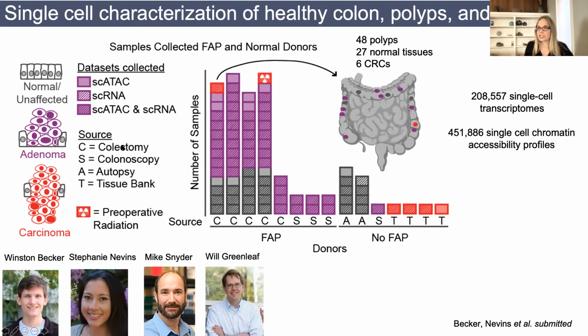This bar plot shows how the specimen was obtained, whether from colectomy, autopsy, or otherwise, and whether the patient saw any preoperative radiation therapy. For a total of 48 polyps, 27 normal tissues, and 6 cancers, we were able to collect over 200,000 single cell transcriptomes and 450,000 single cell chromatin accessibility profiles.